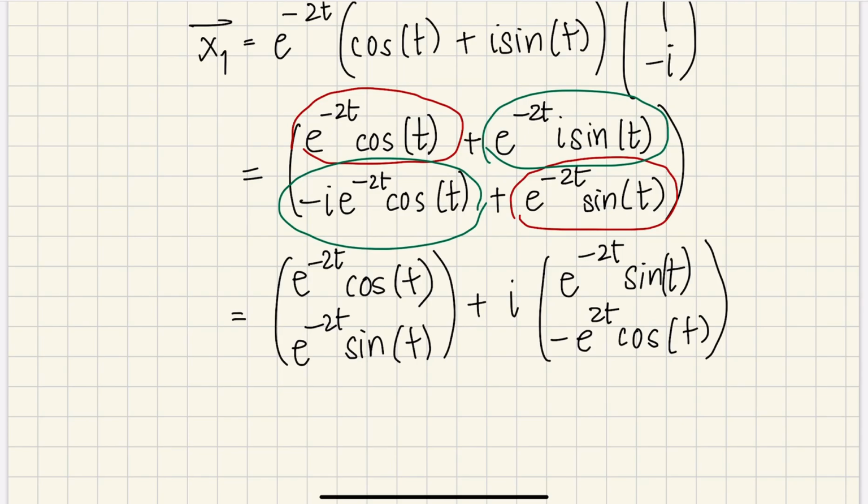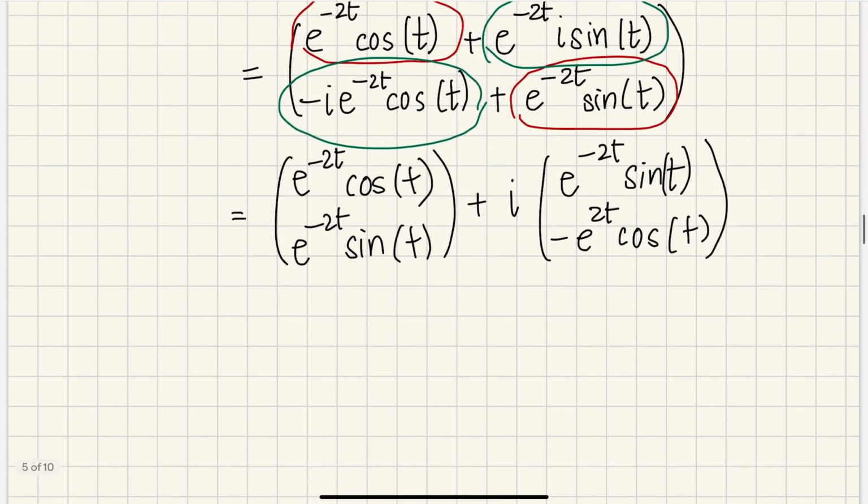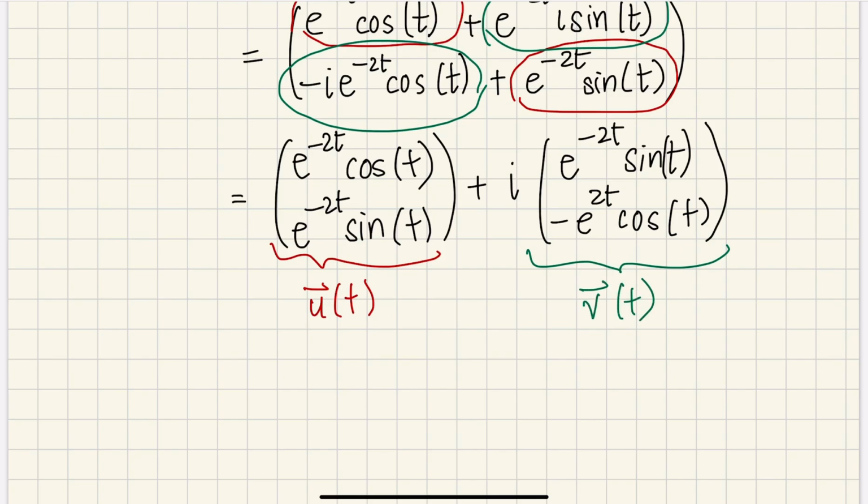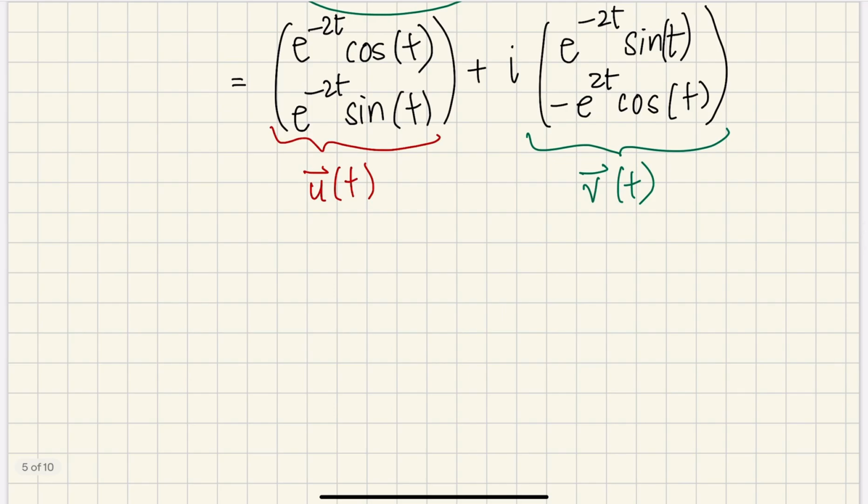I know this is a lot of sines and cosines. So this, the real part, is what we said we're going to call u. And this part, we said we are going to call v. Go ahead and choose what you want, I mean, the variable.